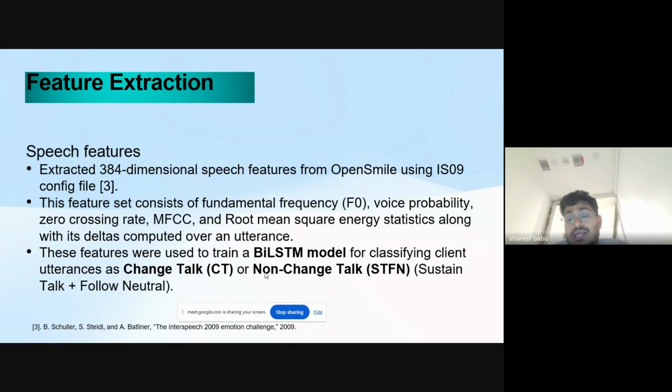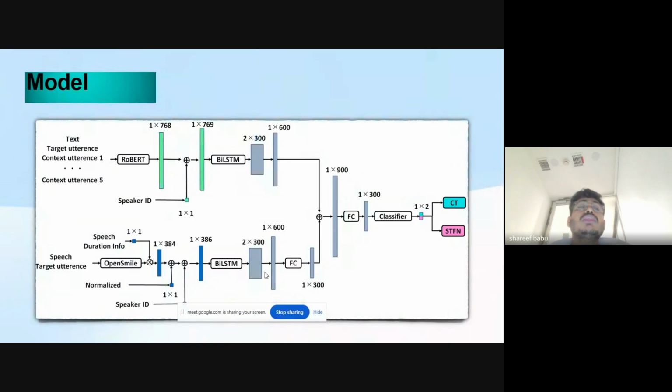Other than looking at three different classes, we tried to identify change talk or non-change talk, where the non-change talk includes the follow neutral as well as the sustain talk. So this is the architecture which we trained for classifying change talk and non-change talk.